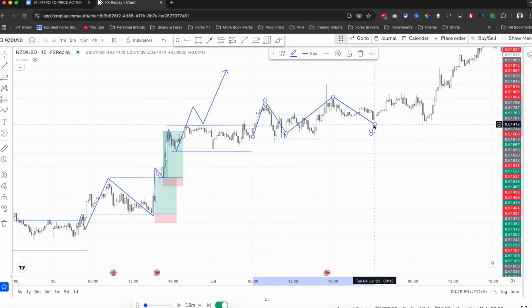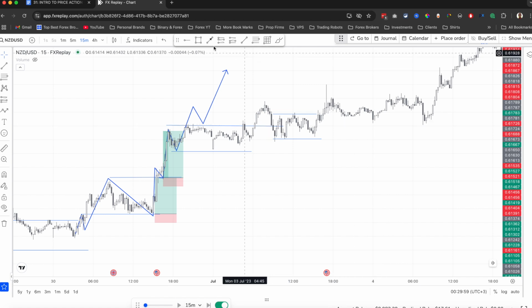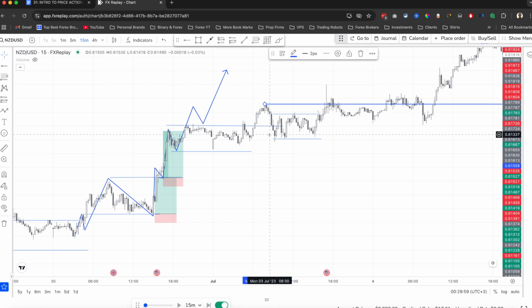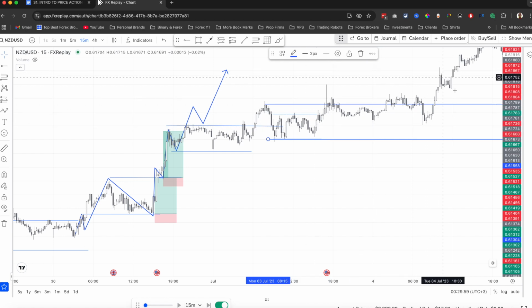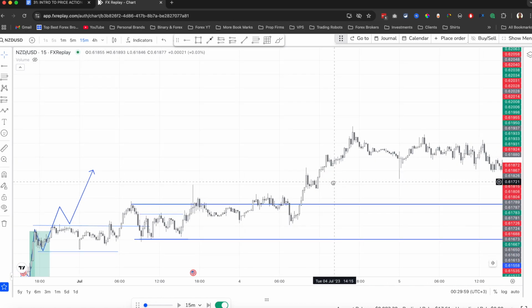Let me just delete this, and you see that there was this point and there was this point. We were waiting for it to break out of this and then look for another trade.